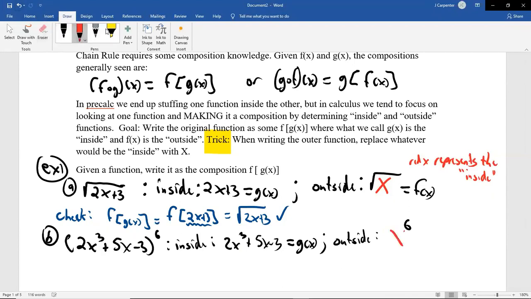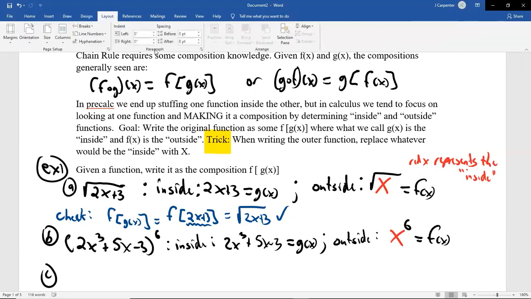This red x represents the original inside. It represents 2x cubed plus 5x minus 3. This is our outside function f of x. And if you put the black g of x inside this red x, you would very quickly get the original problem, the original function.